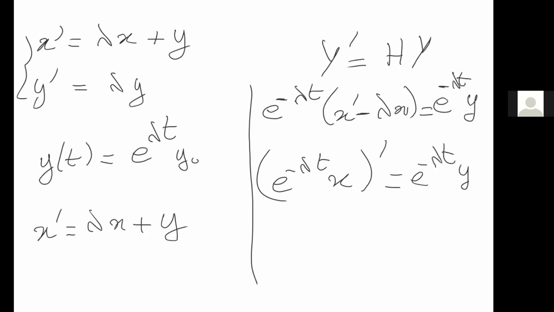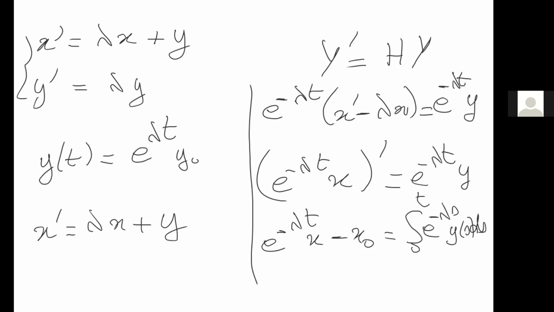So if I take the integral between 0 and t, I get that exponential minus lambda t x minus x0 equals the integral between 0 and t of exponential lambda s y of s ds.